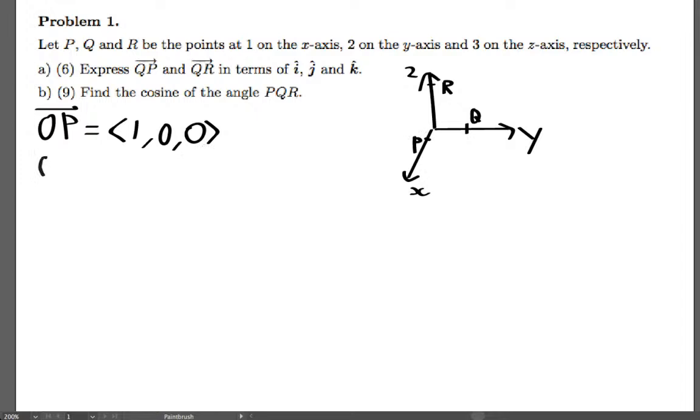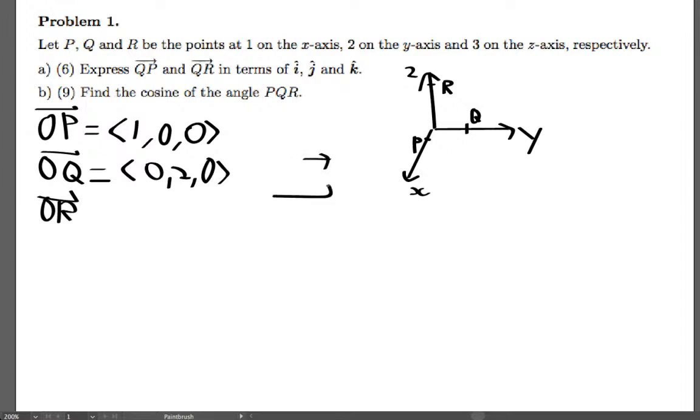For OQ, the position vector would be pretty similar: 0, 2, 0. Lastly, for OR, 0, 0, 3. By the way, this is how I write vectors, because obviously I don't write the whole thing out, I just make it short. It's just something that I use.